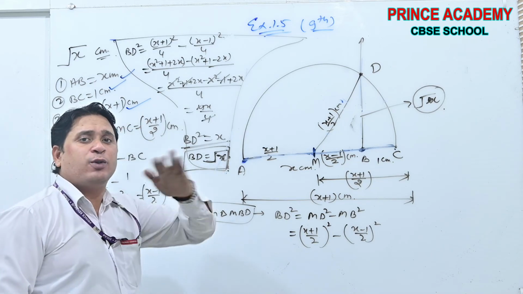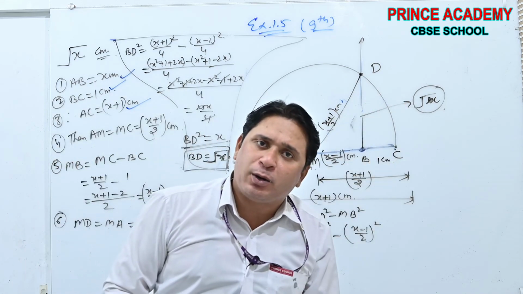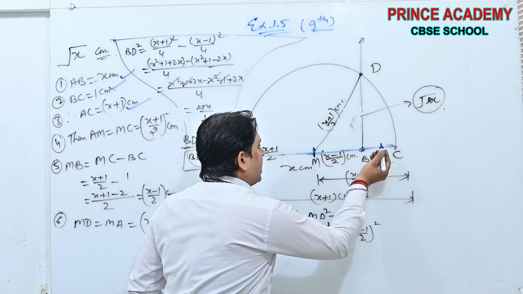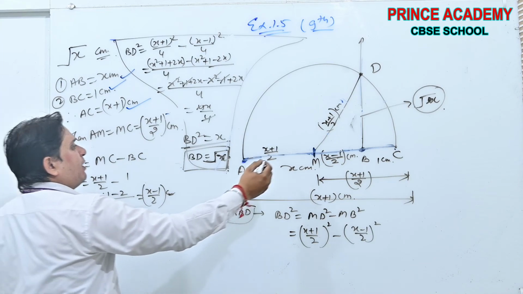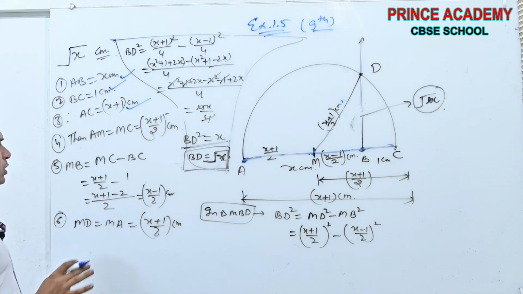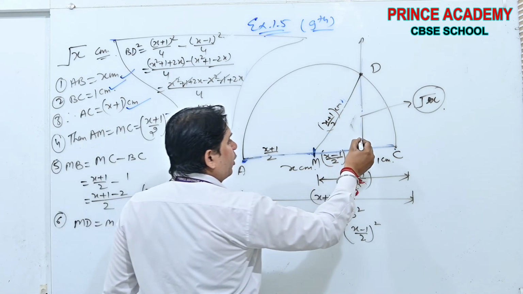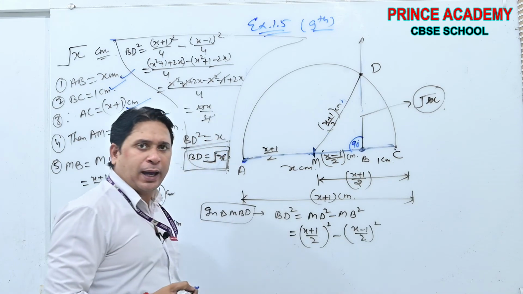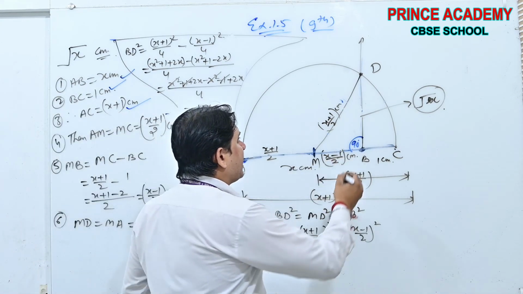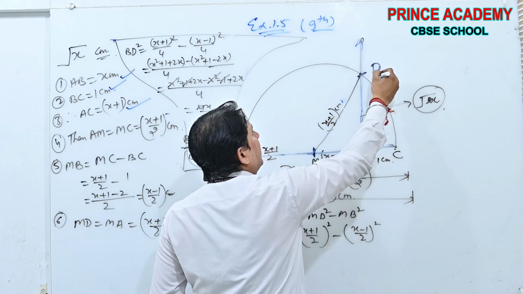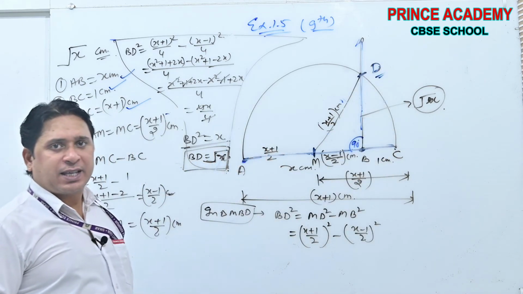See, beta, if you want to divide into two parts, divide by 2. Then with center M, we draw the semicircle. Now see, at point B, we draw a 90-degree angle. This 90-degree angle ray will meet the semicircle at D.